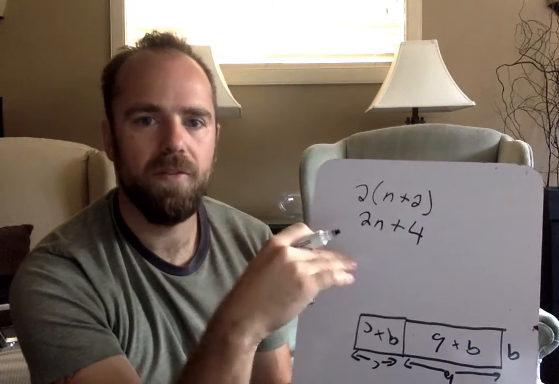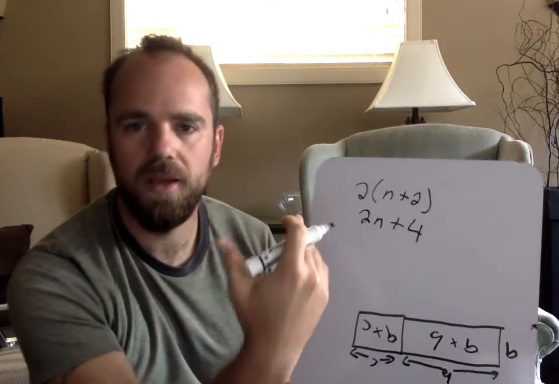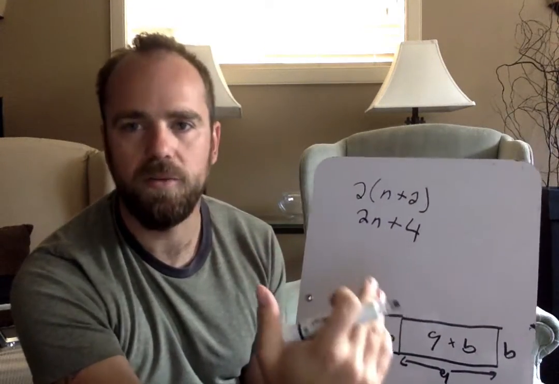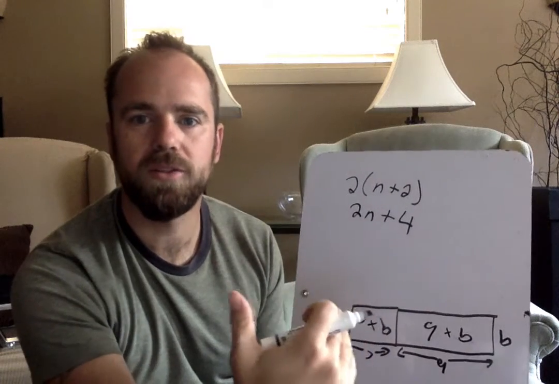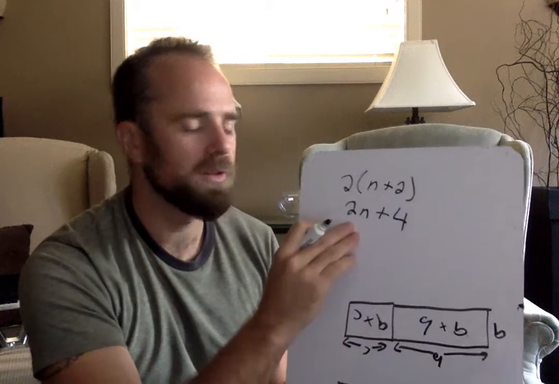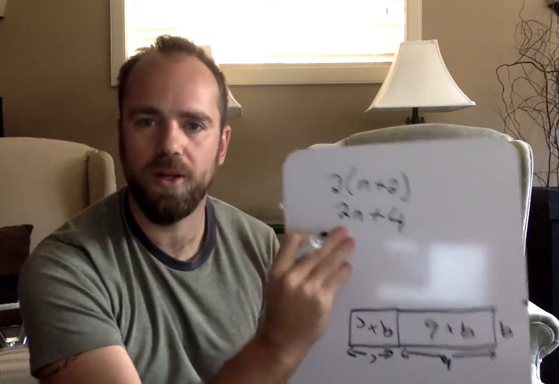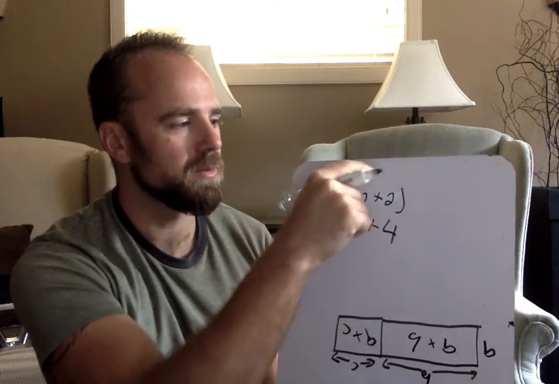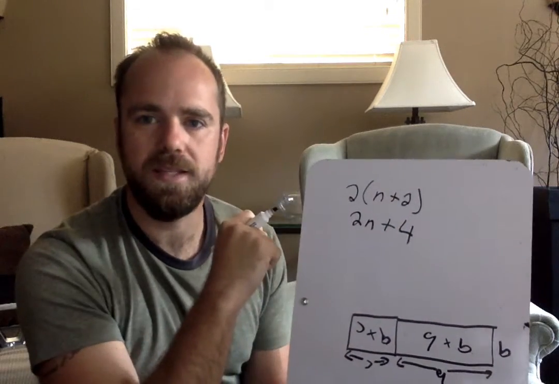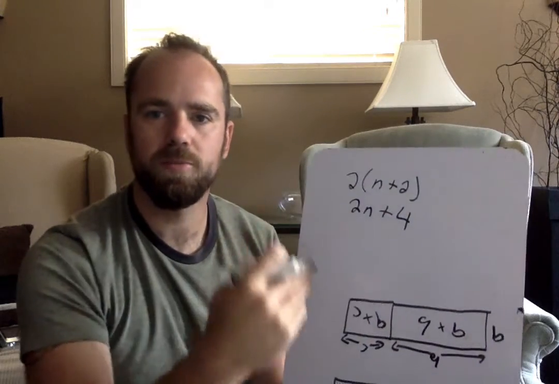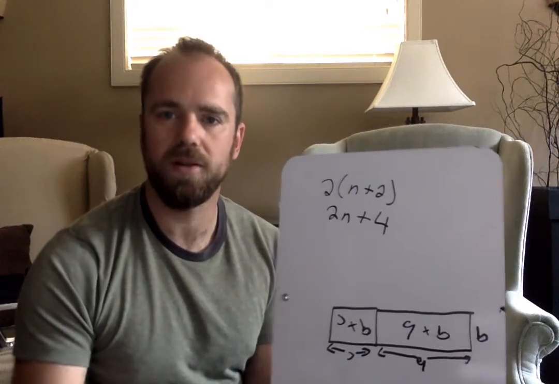So now we have an expression. An expression, just as a reminder, is something that doesn't have an equal sign. So we're not going to solve any of these questions. All we're going to do is come up with what the expression is. What you have has to multiply to both things inside the bracket. And because we don't know what n is, we're creating an expression for what the answer could possibly be.